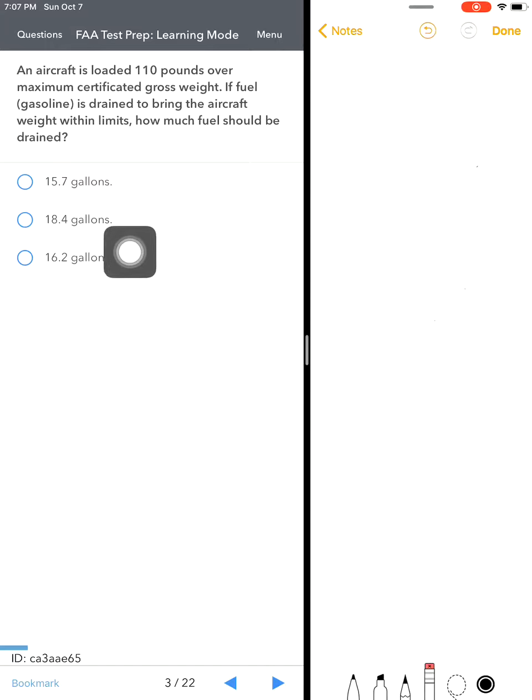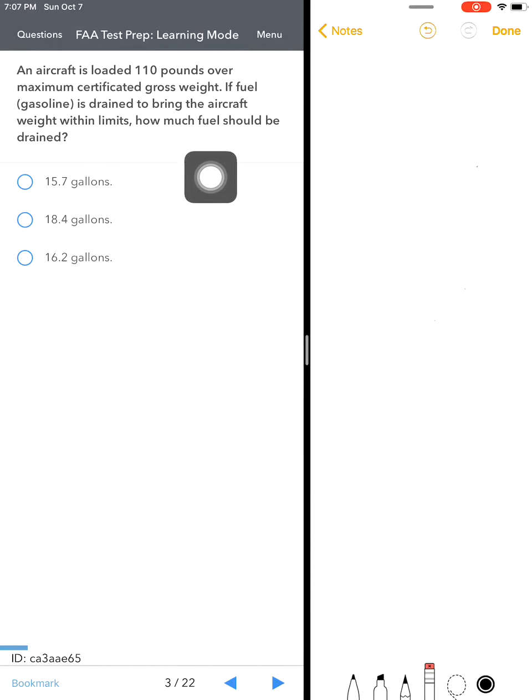So finally, let's get to some calculations here. An aircraft is loaded 110 pounds over the maximum certificated gross weight. If fuel, basically gasoline, is drained to bring the aircraft within limits, how much fuel should be drained? Well, it's very simple.